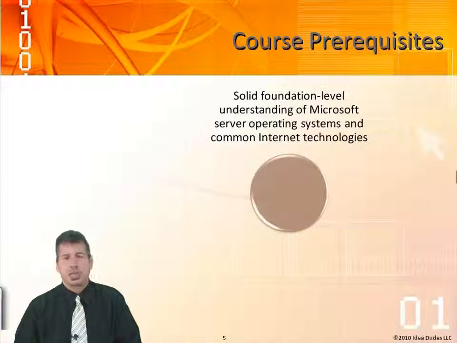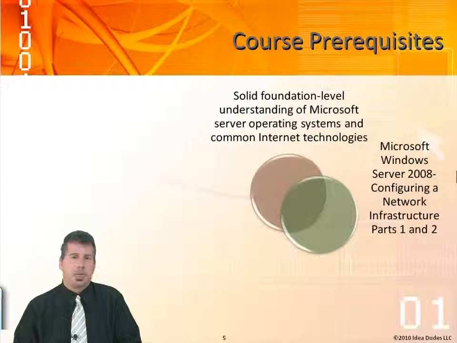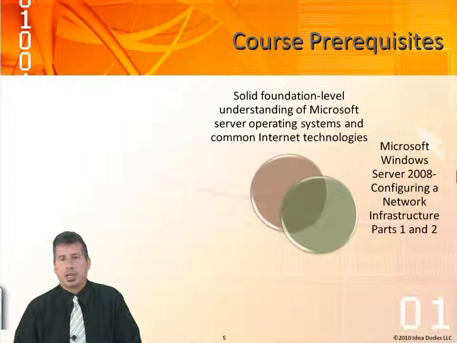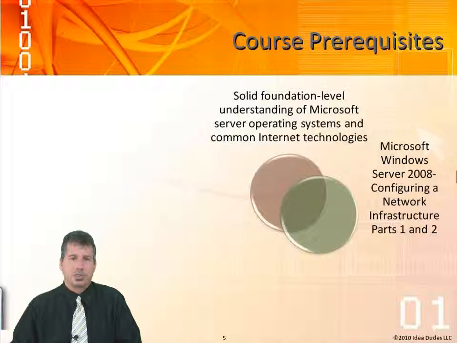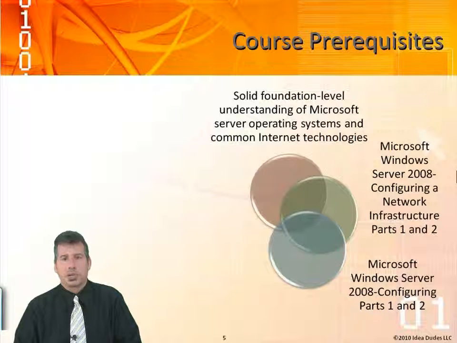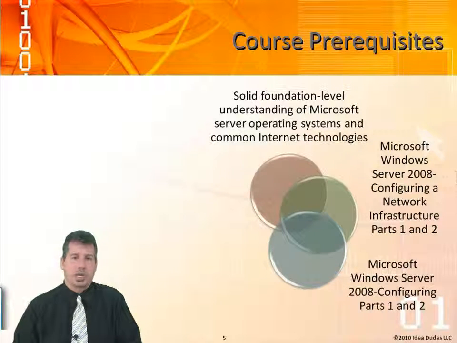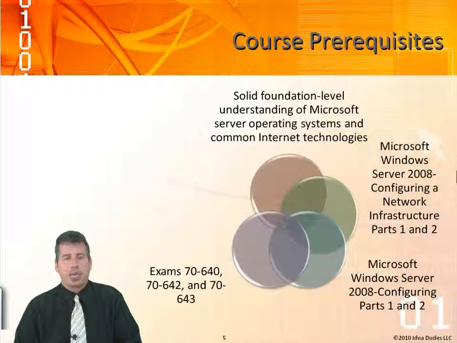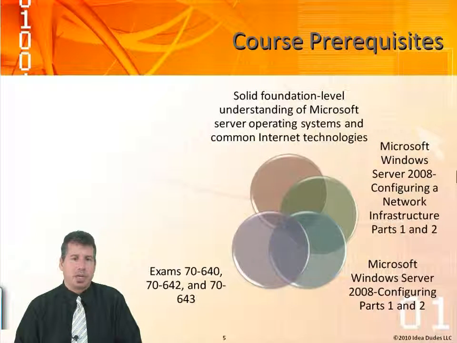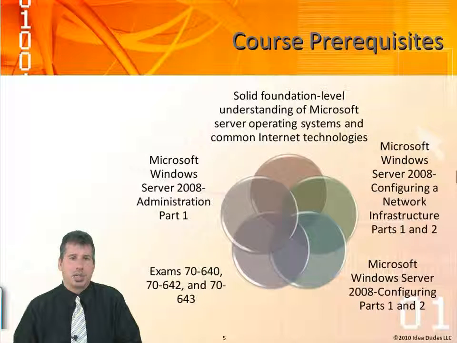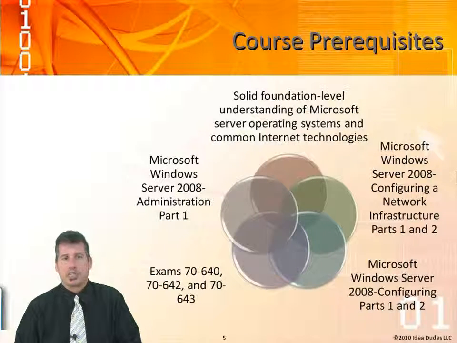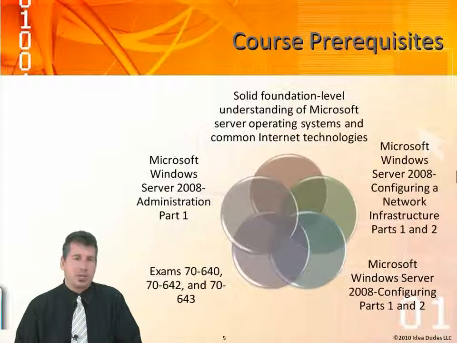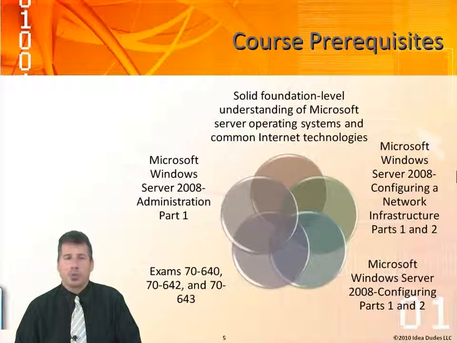This will be DNS, DHCP, Active Directory, Microsoft Windows Server 2008 Configuring a Network Infrastructure Parts 1 and 2, Microsoft Windows Server 2008 Configuring Parts 1 and 2, and exams 70-640, 70-642, and 70-643, and Microsoft Windows Server 2008 Administration Part 1. These are the things that you should have under your belt before you start this course. It'll make it so that you understand the terminology and what we're doing a lot better.